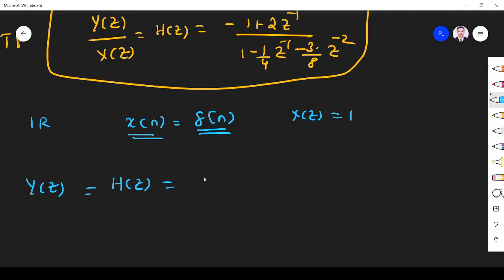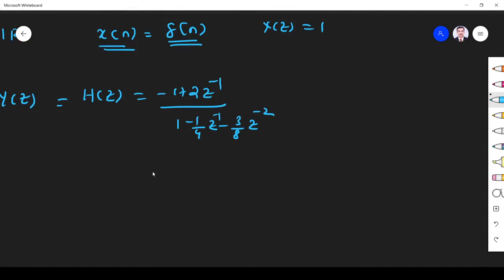So H of z is equal to what? Minus 1 plus 2 z inverse divided by 1 minus 1 by 4 z inverse minus 3 by 8 z power minus 2. For this I have to take the inverse z transform, right? So I will simplify this, take z squared outside, and doing all the things I get minus z squared plus 2z divided by z squared minus 1 by 4 z minus 3 by 8.